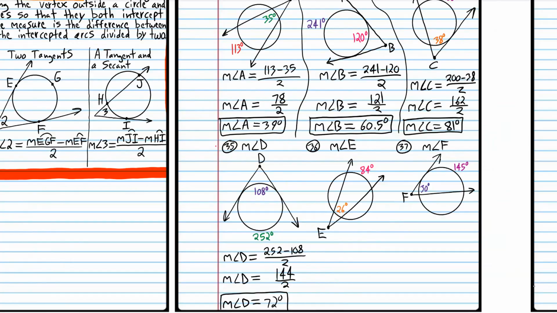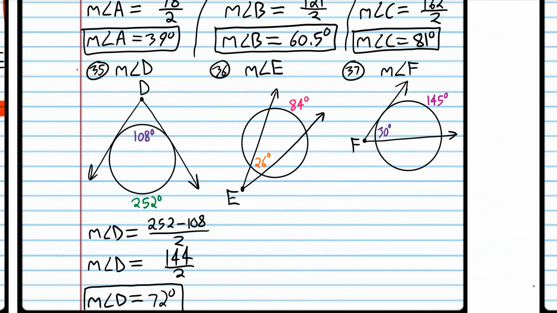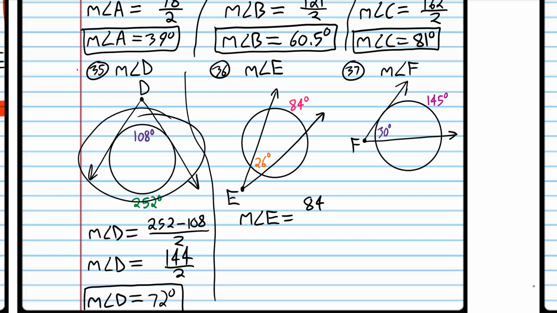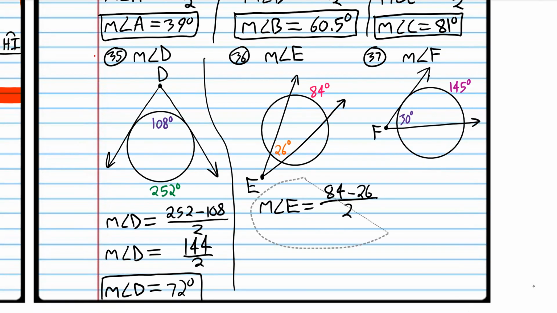All right, we're back. The measure of angle E is equal to 84. And by the way, this is two tangents. Now we have two secants. Measure of 84 minus 26 divided by 2. I'm going to move this over a little bit.